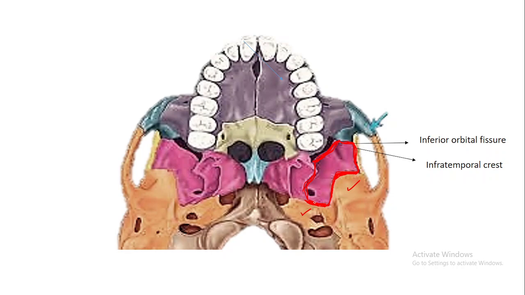Posteromedially, it articulates with the petrous temporal bone, and medially, it is continuous with the body of sphenoid and the pterygoid process. The posterior most part of the greater wing of sphenoid is called the spine of sphenoid. This is the spine of sphenoid.